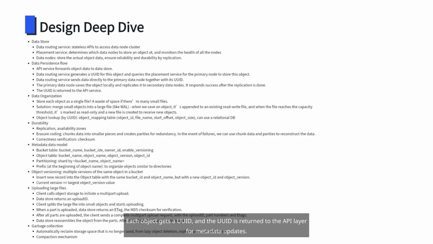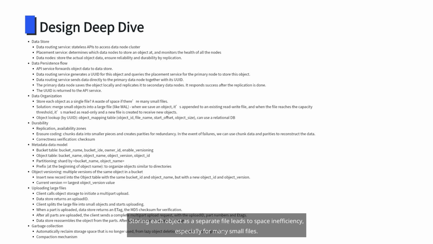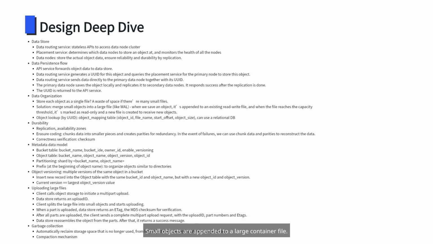2. Object layout and space efficiency. Storing each object as a separate file leads to space inefficiency, especially for many small files. To address this, we implement a write-ahead log (WAL) style file layout. Small objects are appended to a large container file.